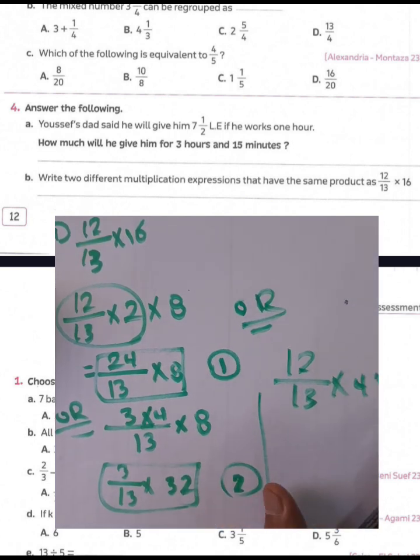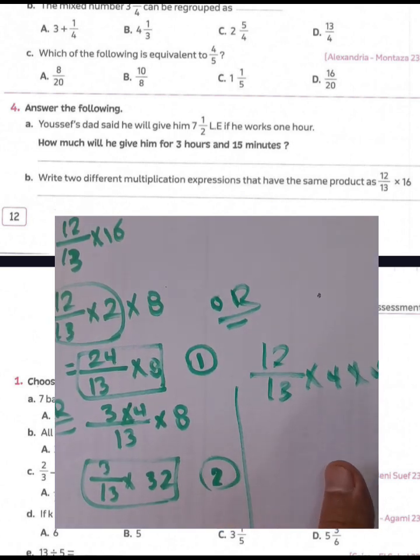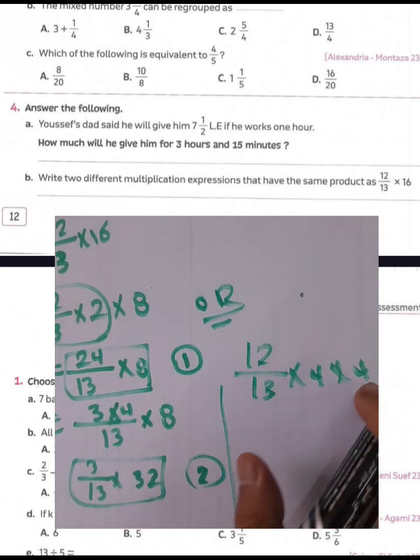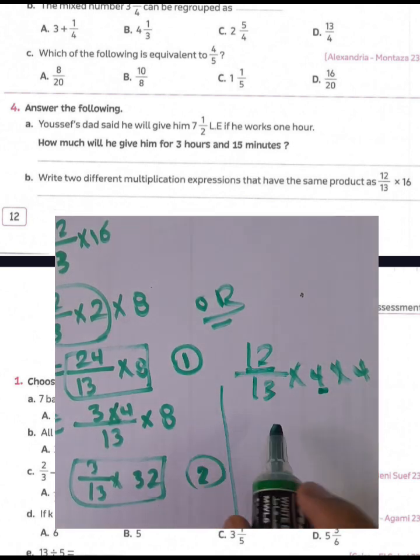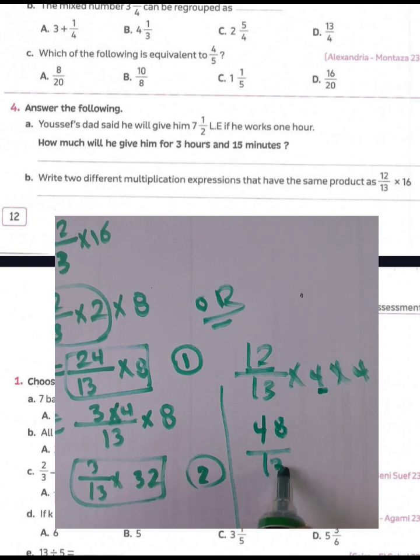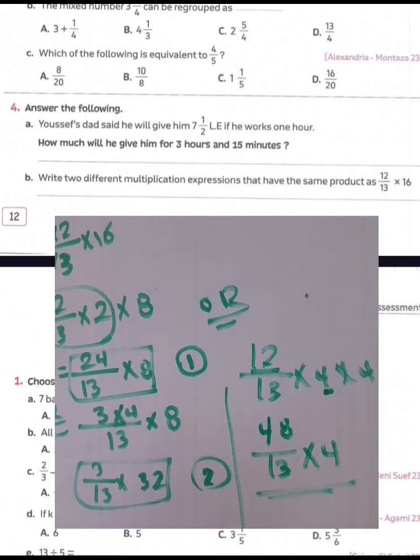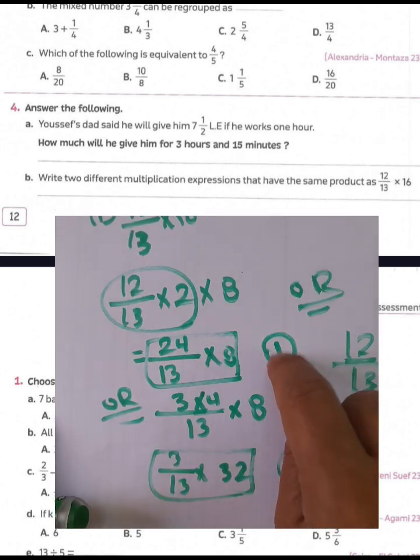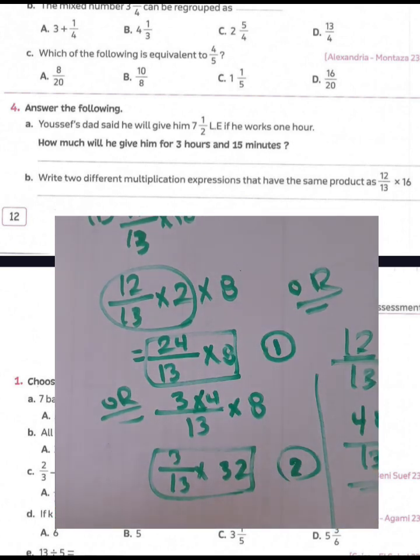You can choose this 4 times 4 as you like, because 4 times 4 equals 16, and then find 4 times 12 equals 48 over 13 times 4 here. Okay, it's the result. So you can write the result, first number and second number, for this example.